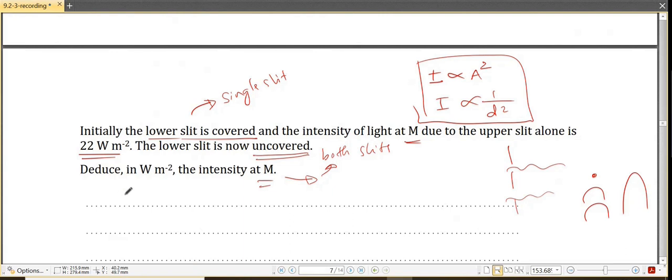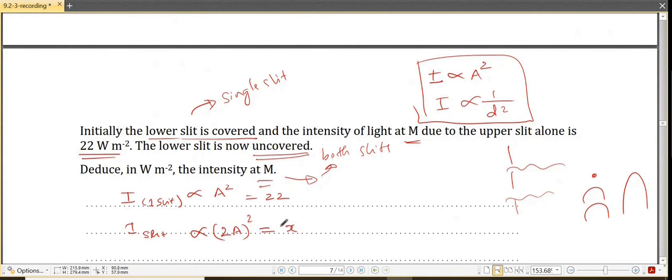So intensity with one slit is proportional to 1 amplitude square, which is equal to 22. Intensity with 2 slits is proportional to 2a the whole square, because it's 2 amplitudes and it has to be squared, which is giving me 4a square equal to x.